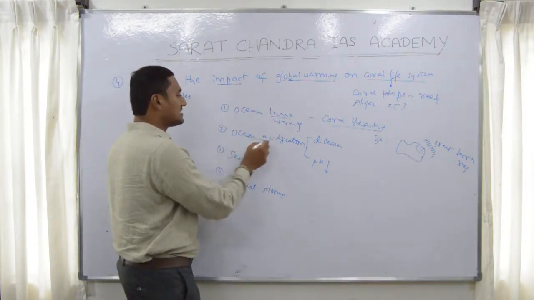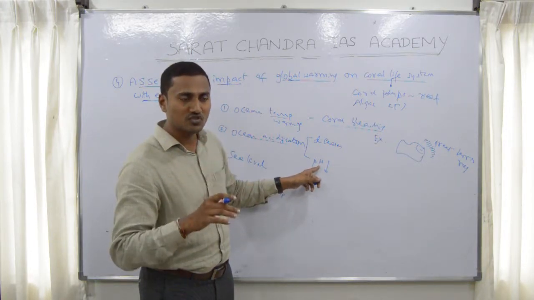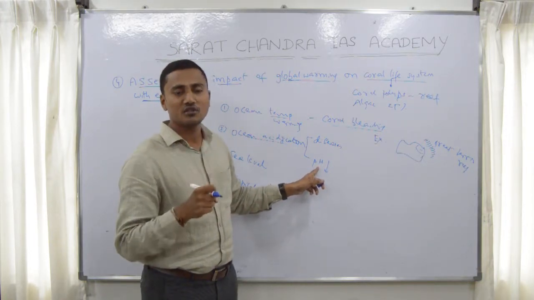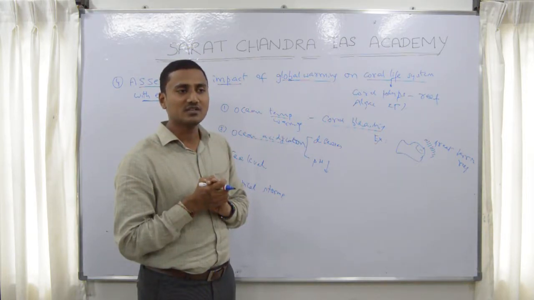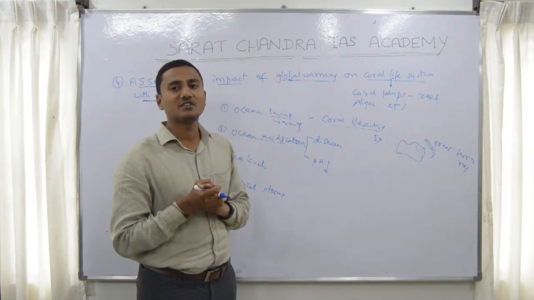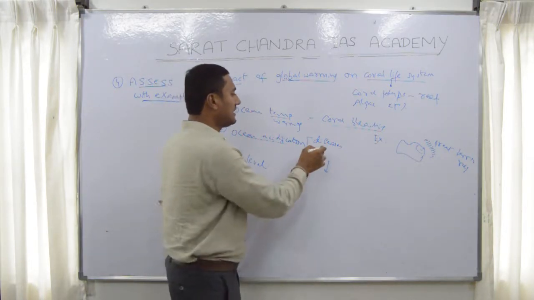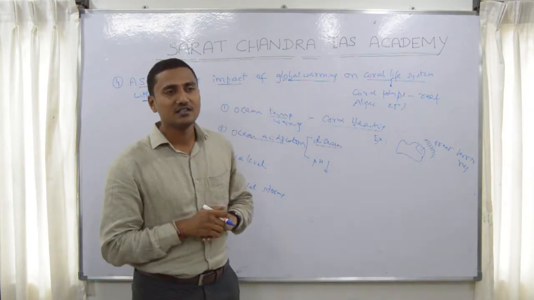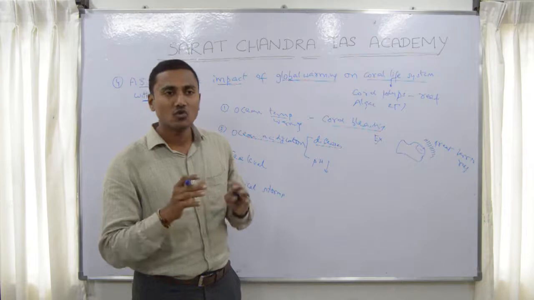Then ocean acidification. As the pH level decreases in the ocean, it again brings stress on the coral reefs. It leads to disintegration of the coral reefs that definitely affects the lives of several marine animals that are taking shelter in the coral reefs. Similarly, it causes diseases to the polyps as well as the animals living in the coral reefs.